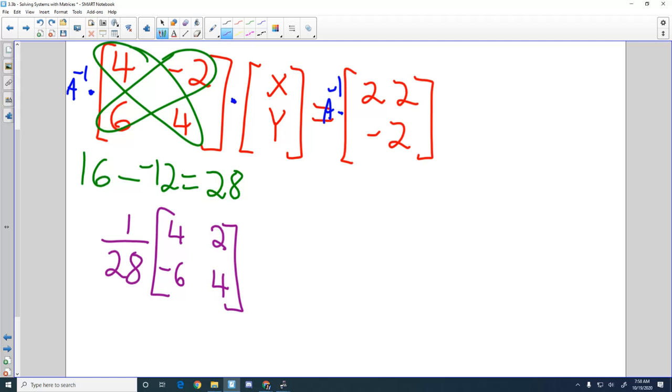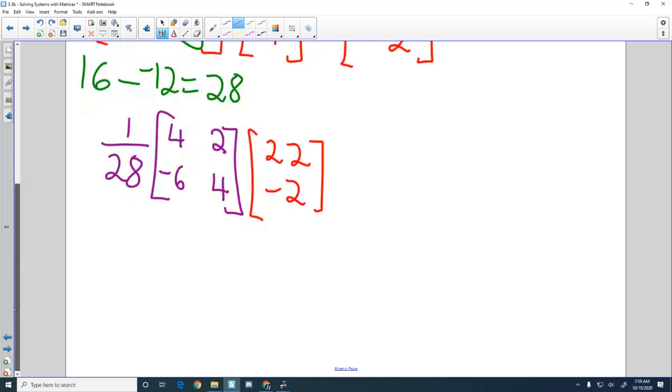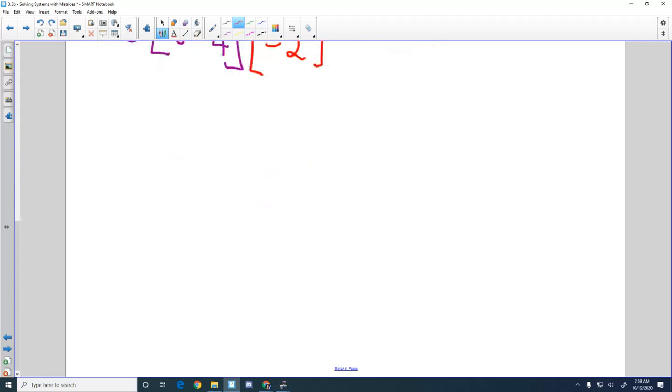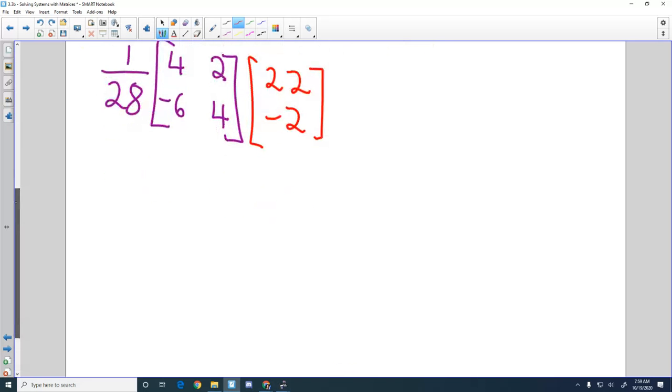We take that inverse matrix times the constant matrix on the far right, times 22 and negative 2. All right, so this is the math part right here, just multiplying these two together.